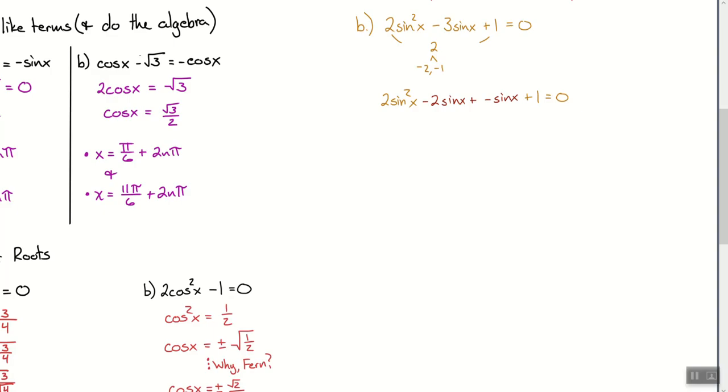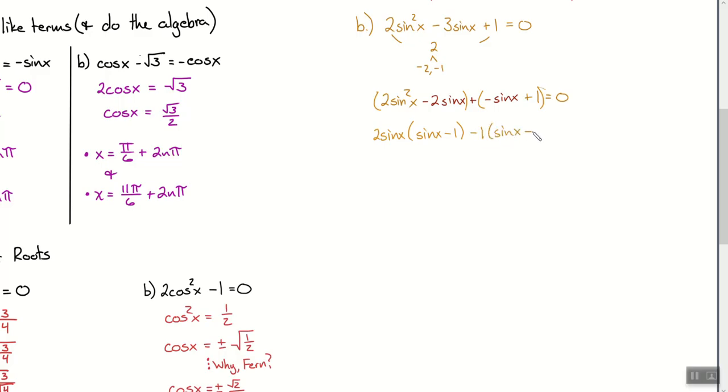Awesome. So we have it. It's just waiting to be solved at this point in time. I'm going to group this together, and I'll group the other piece with my plus sign in between. I see a 2 sine x comes out here, leaving behind a sine x minus 1. To make the same factor appear in this second piece, I'm going to factor out a -1 to switch those around.